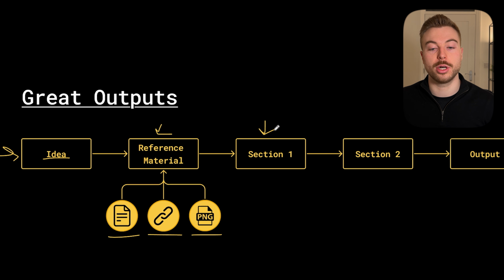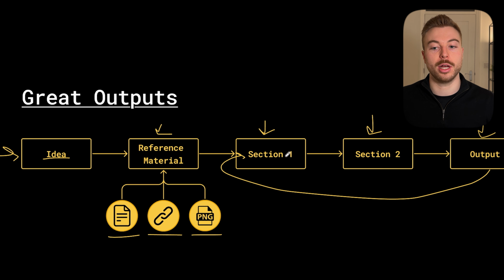So we want to start with maybe section 1, i.e. the first couple of slides or the first iteration. Then we're going to go through and try the next part, again taking it piece by piece, layering on top, and then we're going to get our output after that. Then what you'll find is actually after you get the output, you'll probably start having a loop where you keep going round and round and round, making sure that you add any reference material, but likely just refining the output that is already produced.